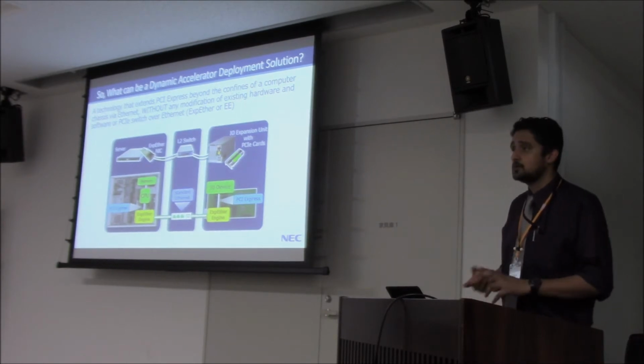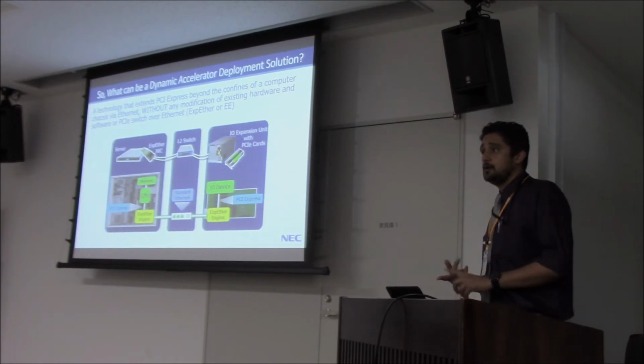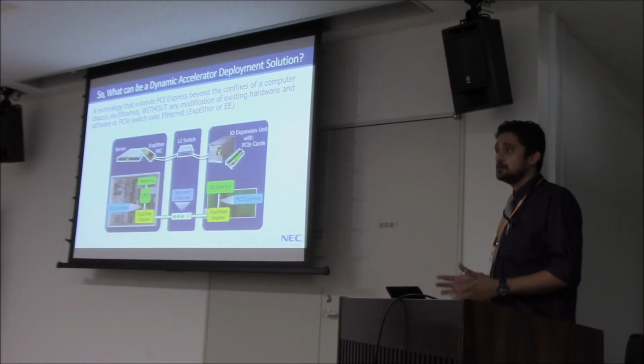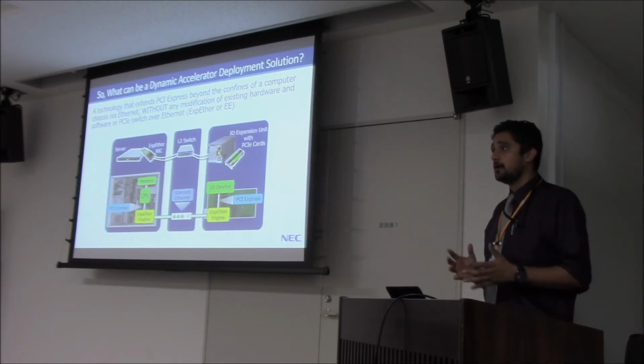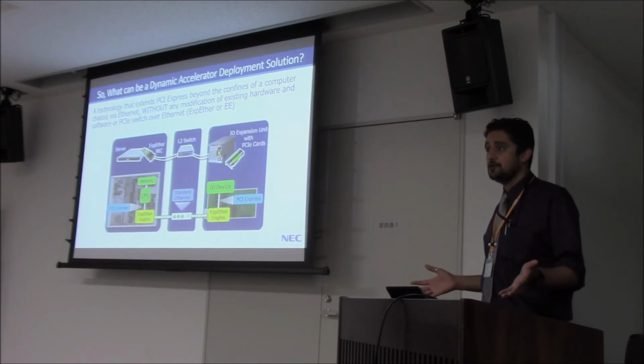Ethernet gives us two advantages: one is the length, and another is the switching capability. Regarding the length, you can disaggregate your GPU cluster from your servers by up to even 2 kilometers, and yet not lose any efficiency.